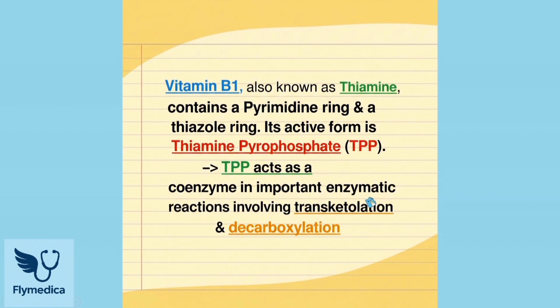It's going to act as a coenzyme in important enzymatic reactions, and the two most important enzymatic reactions that thiamine pyrophosphate is involved in are transketolation and carboxylation. So transketolation and carboxylation are the most important enzymatic reactions we have for thiamine pyrophosphate.